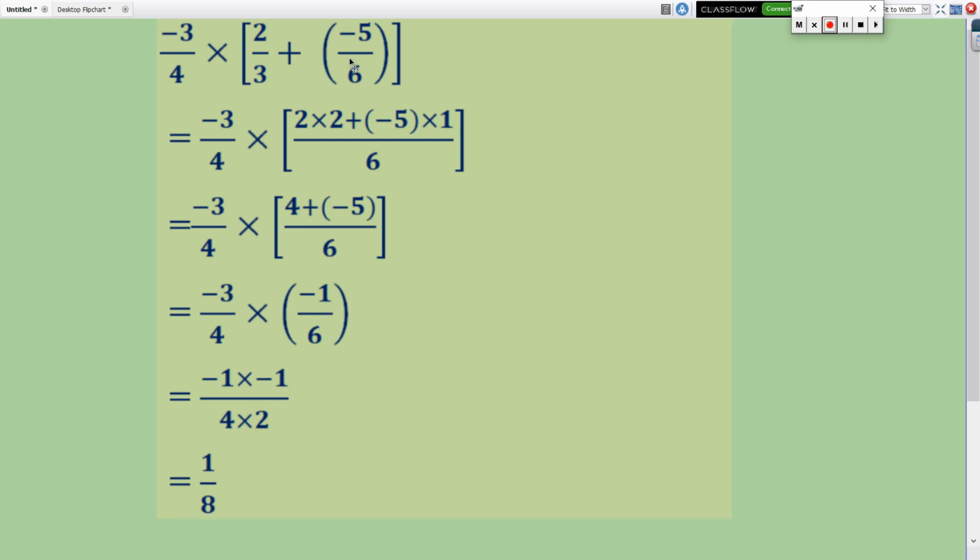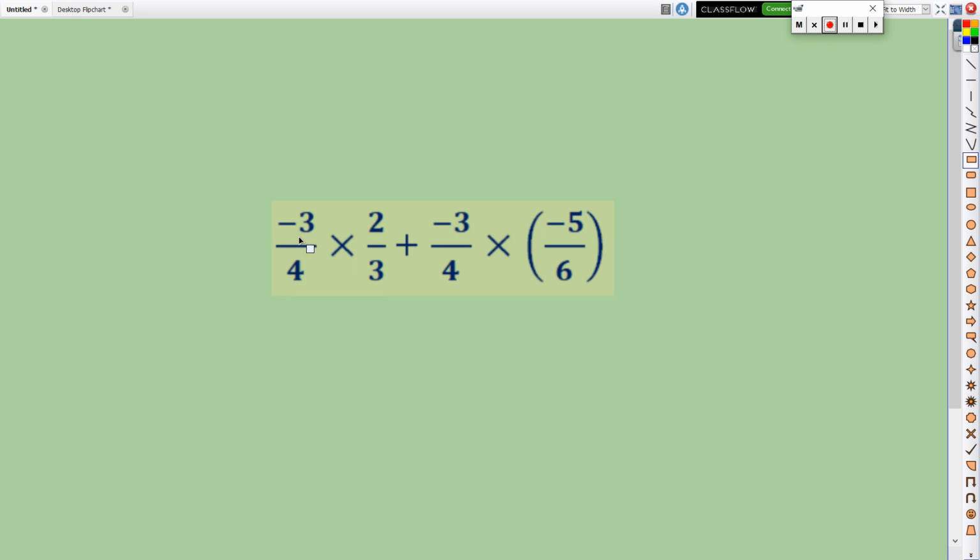Instead of doing it in this way, you multiply negative 3 by 4 into each one of the numbers inside the bracket. What will you do? I will give you another question with the same rational numbers. Here negative 3 by 4 into 2 by 3 plus negative 3 by 4 into negative 5 by 6.